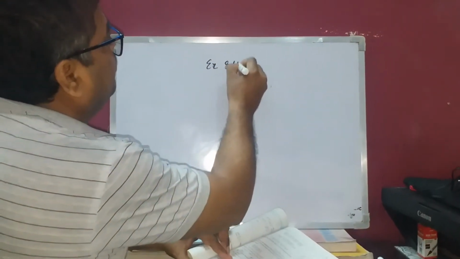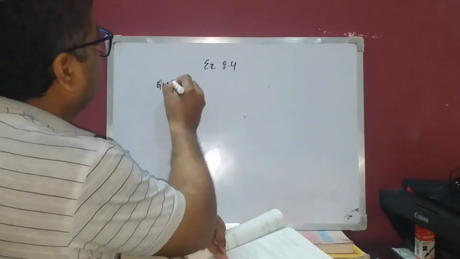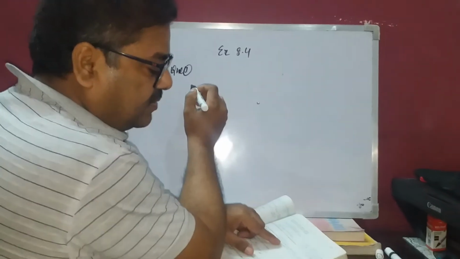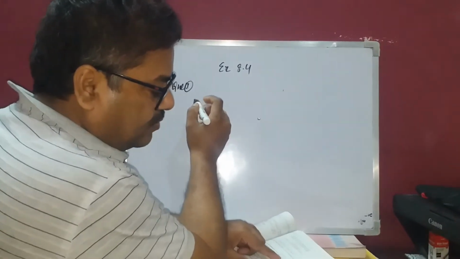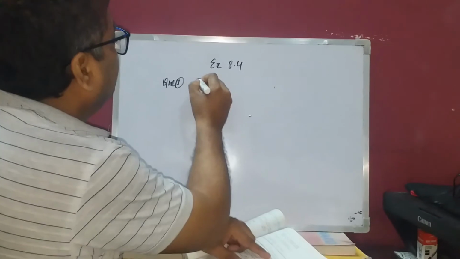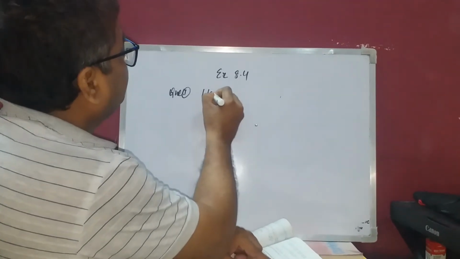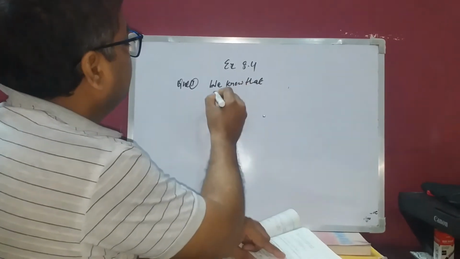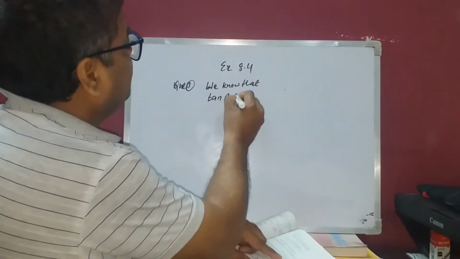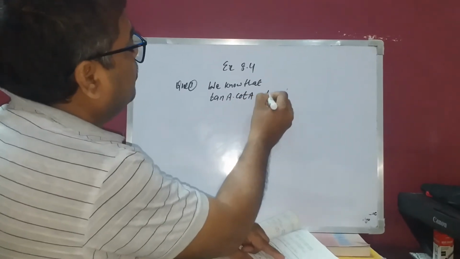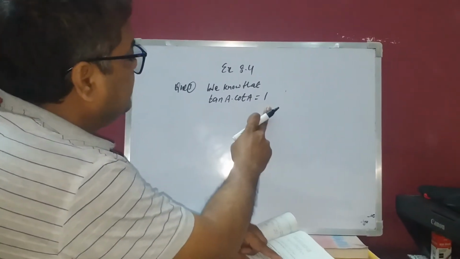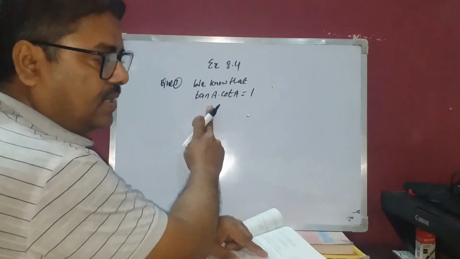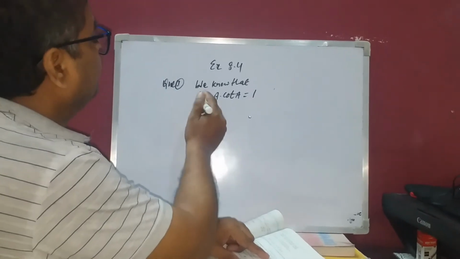Exercise 8.4, question number first. First of all, we will convert cot A into tan A. So we know that tan A into cot A equals 1, and this relation has been discussed in the theory part of the previous video.